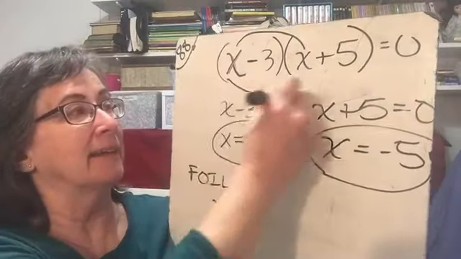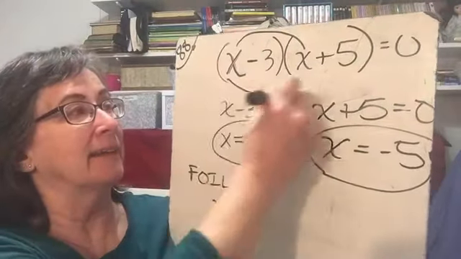Now, if we do it right, then we get our little FOIL man. And I don't have room to put his little antennas up there, but he's our little FOIL man from Mars named Hermie. Okay, so when we FOIL this together, we put these two like terms together. We get x squared plus 2x minus 15 equals 0.